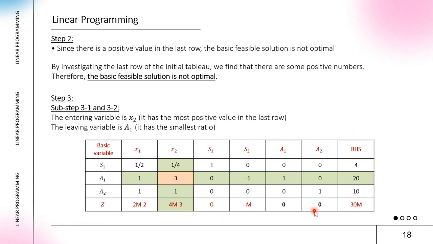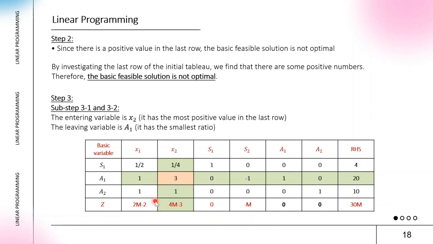Determining the first pivot. We examine the updated Z row. If a minimization problem has a positive coefficient in the Z row, the current solution is not optimal. Here, the terms 2M minus 2 and 4M minus 3 in the x1 and x2 columns are positive for large M values.